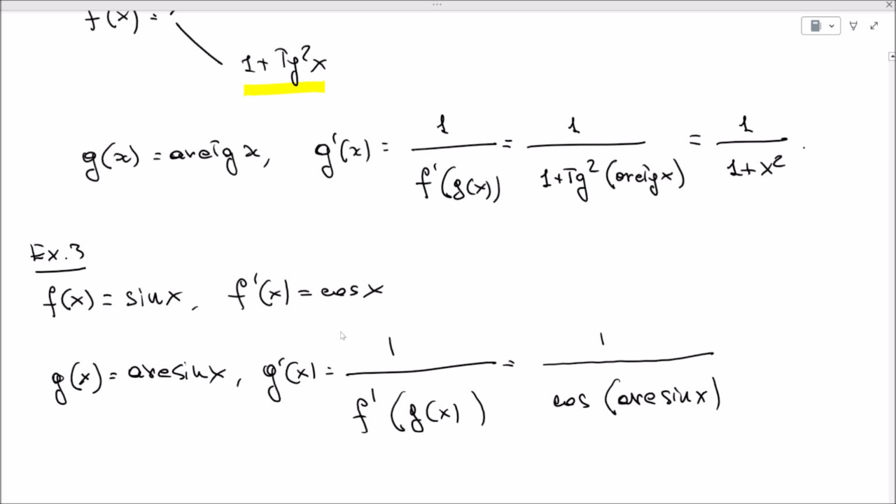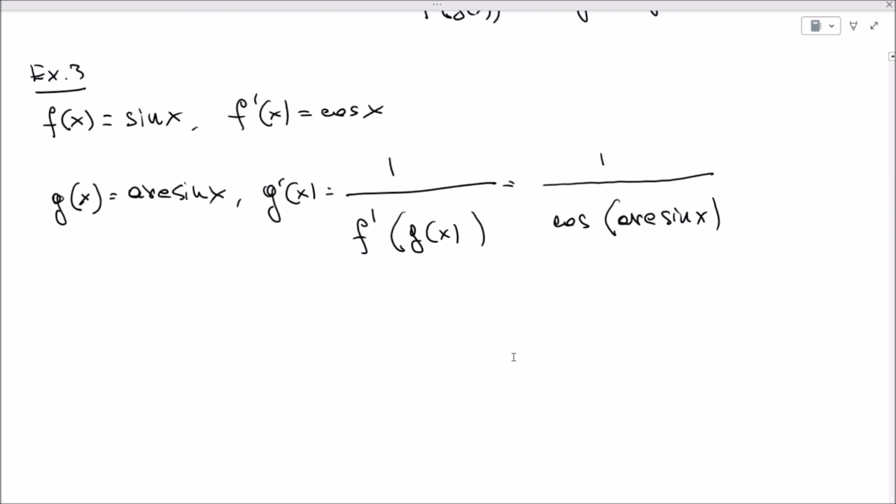Now, we have a little bit of a problem here because we need to find the cosine of the arc sine, so they do not cancel each other. What we need to do is basically re-express the cosine in terms of the sine.